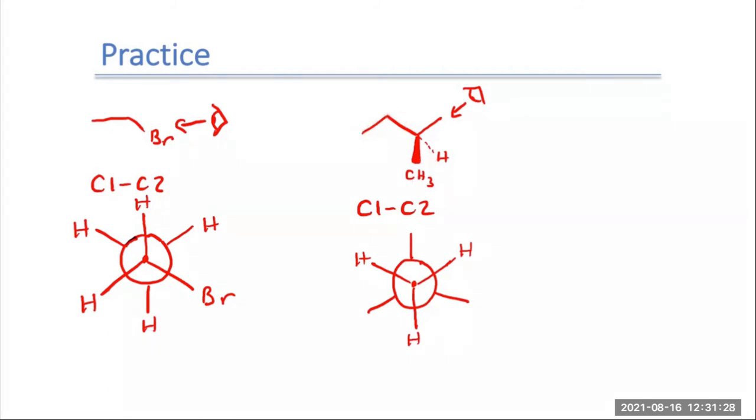So 3 different groups attached to it. If we're looking at it in this direction, the wedge here becomes this bond. So that's where our CH3 is. Our hydrogen is on the other side, and on top is that CH2, CH3.